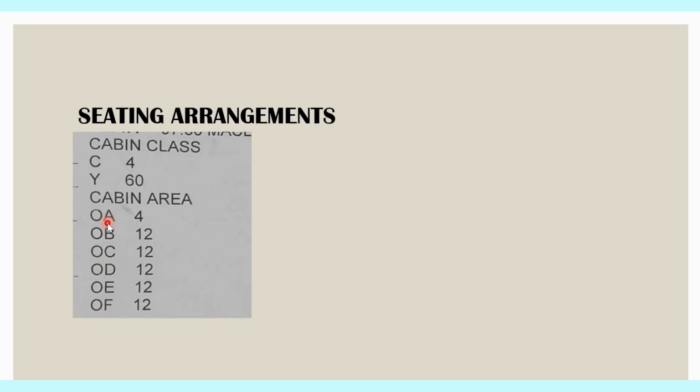Section 1, A, B, C, D, E, and F. So here in this case 1, 2, 3, 4, 5, 6 sections. Now you may wonder why this is the case. This is all for commercial purposes. A particular economy class section, ticket wise, or the price of the ticket, differs from the other sections.